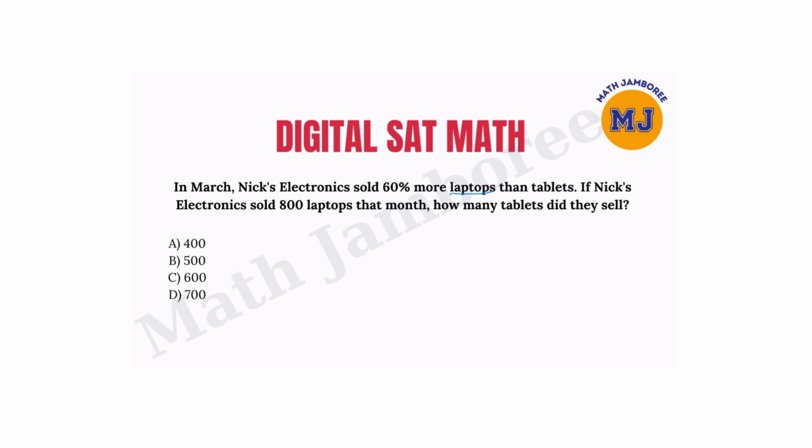So to solve this problem, I'd like to call some variables. For the number of laptops sold, I'd like to call it letter L. For the number of tablets that are sold, I'd like to call it letter T. And let's set up the equation.